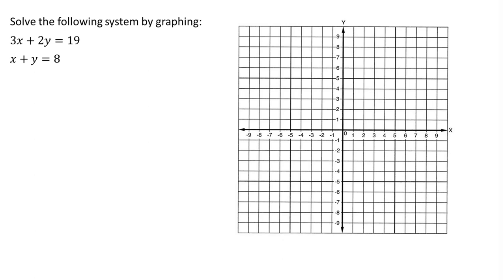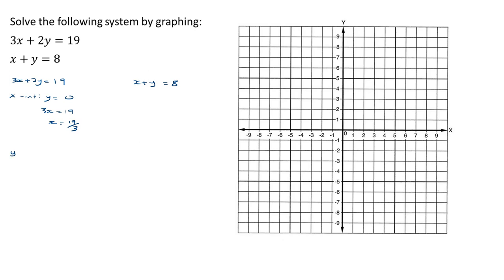So we have 3x plus 2y equal to 19, and here we have x plus y equal to 8. So 3x plus 2y, look at the x-intercept, so y equal to 0. So 3x equal to 19, therefore x is 19 over 3.